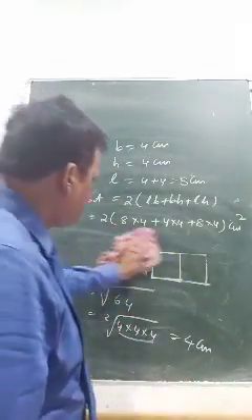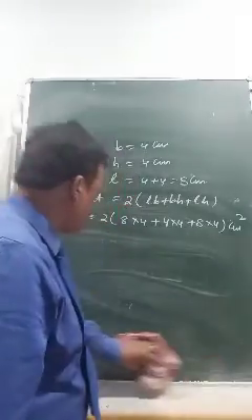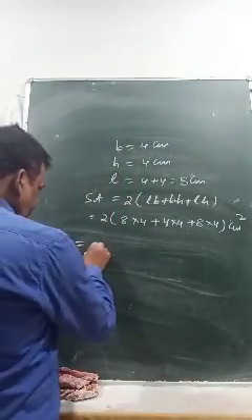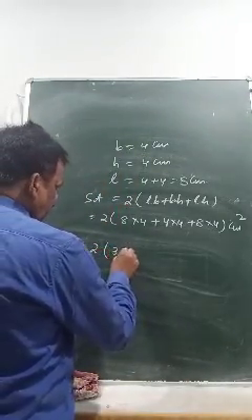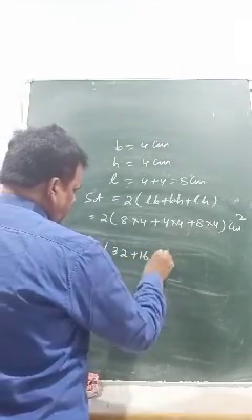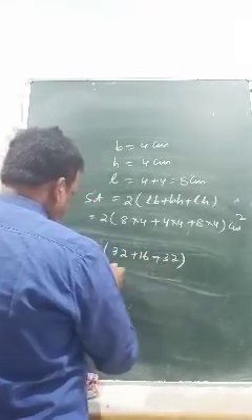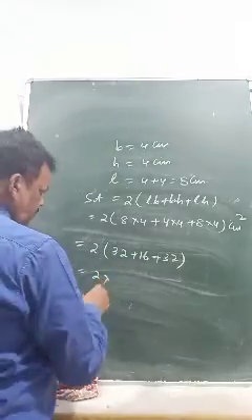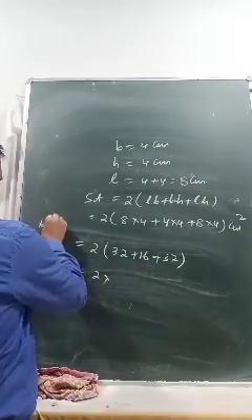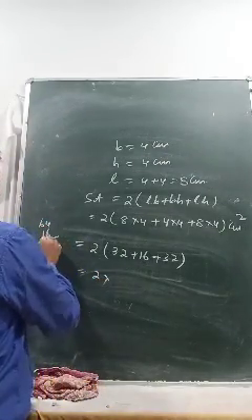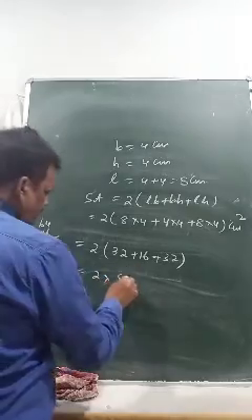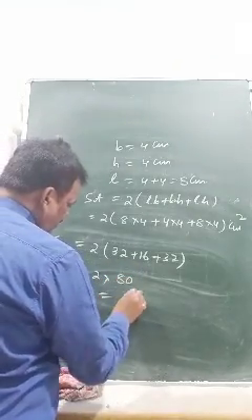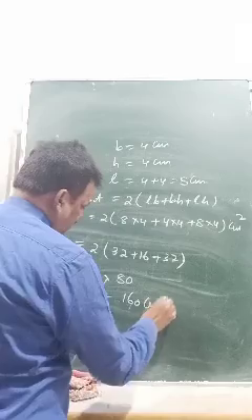So what will you get here is 2 into 32, 16 plus 32. So that is 2 into 64, 16. That is 80. 160 centimeter square.